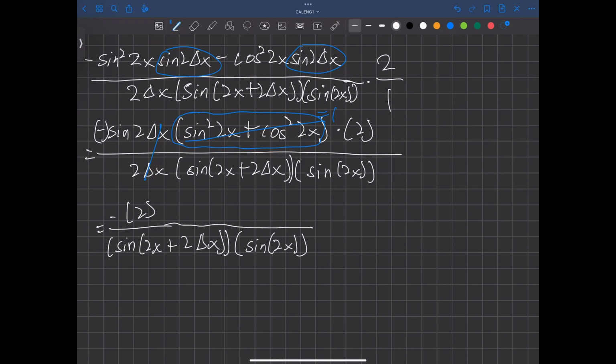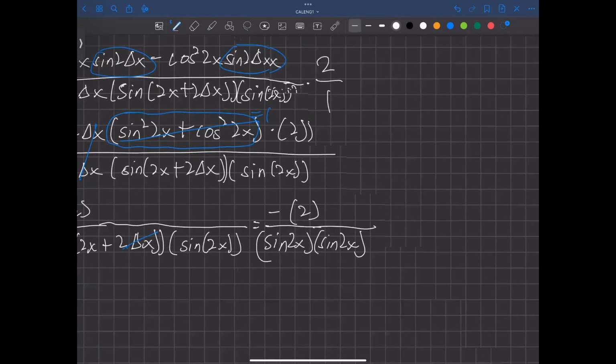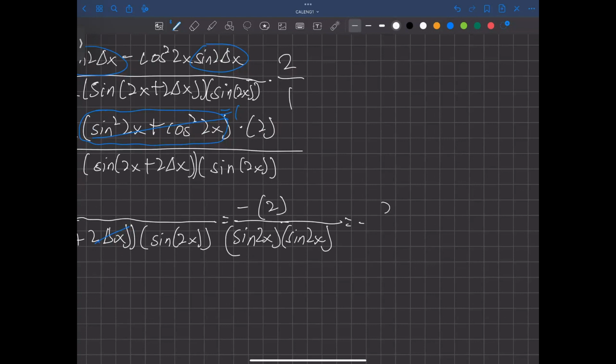Now, we can substitute 0 for delta x, which would basically eliminate this, and we will be left with negative 2 over sine 2x multiplied by sine 2x, which is also equal to negative 2 over sine squared 2x.